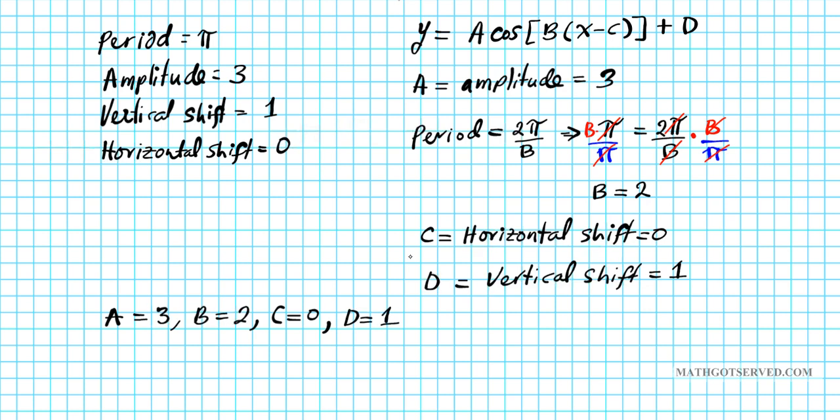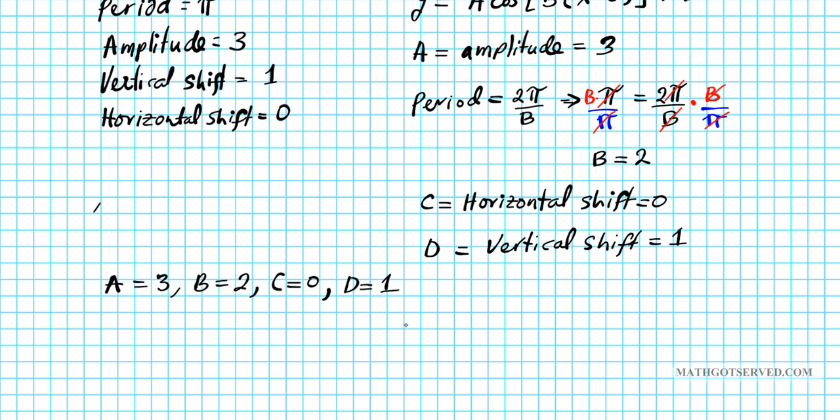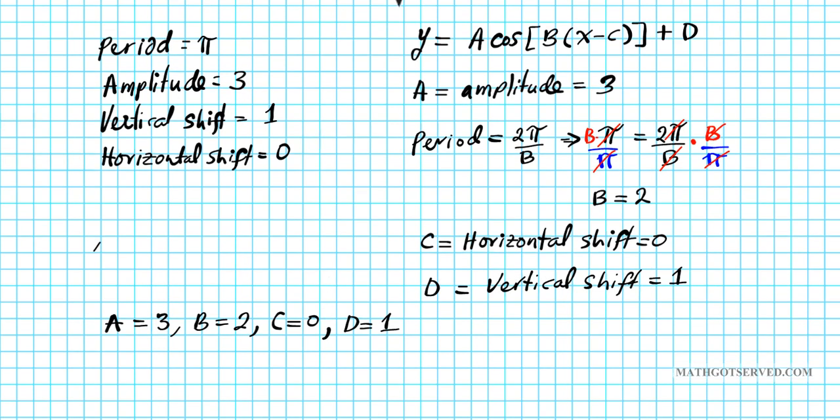Now we're going to plug everything into this function and then match it with what we're given. And then we can determine what little a, little b, and little c are. Okay? So let's plug everything in. We're going to have y equals A, which is 3, cosine B, which is 2x minus 0, which is C, plus D. D is 1.